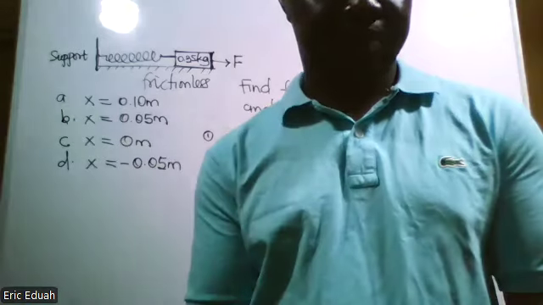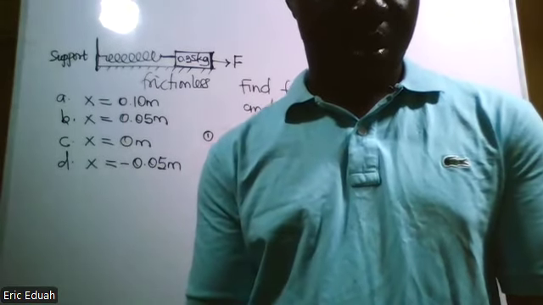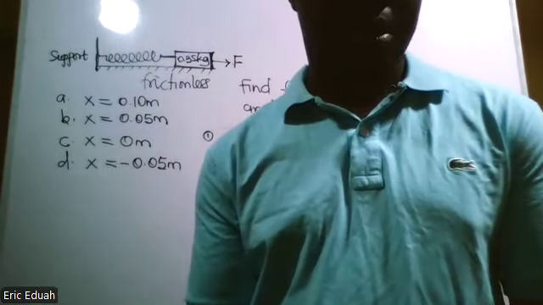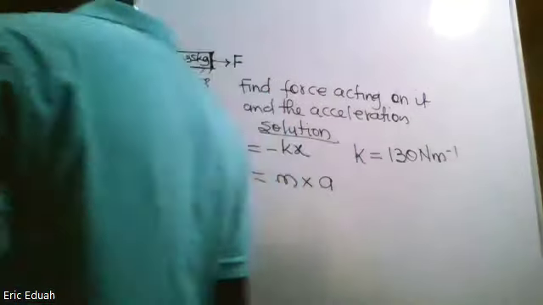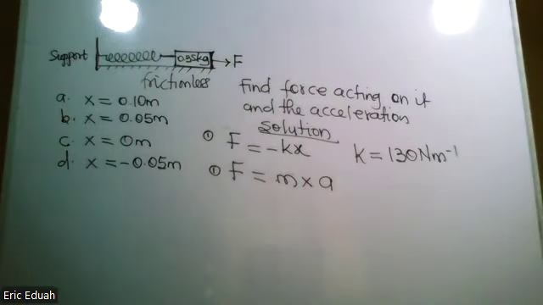Okay, so Charlotte. For A, what did you get for force and for acceleration? For A, where displacement is 0.1, what did you get for force and for acceleration? For the force, I had 3.5.